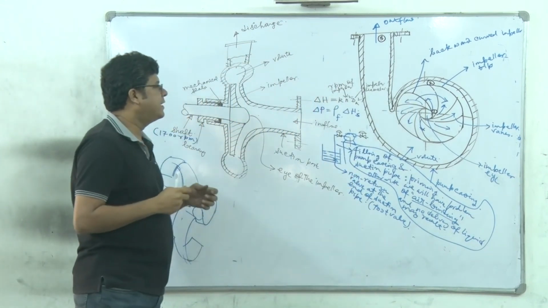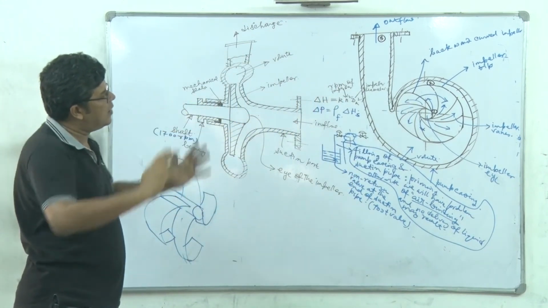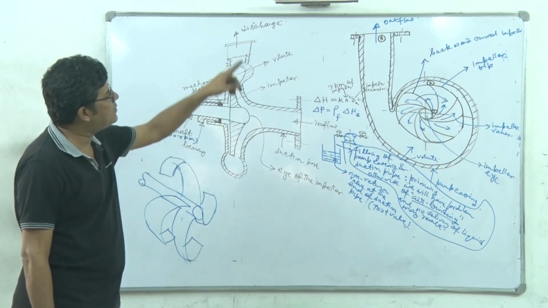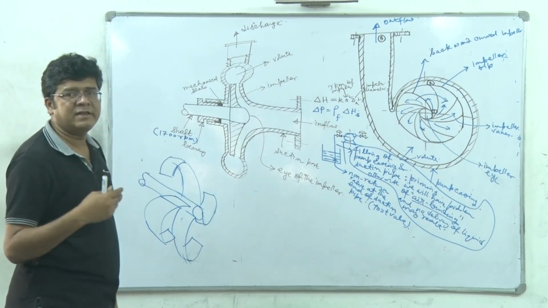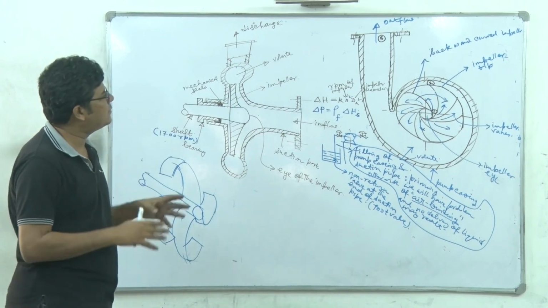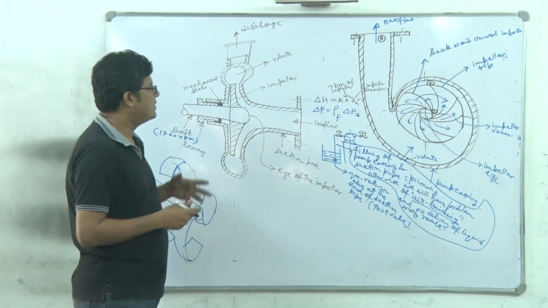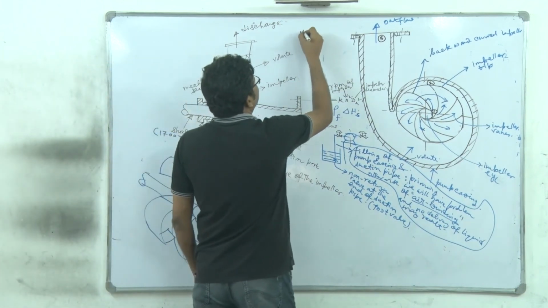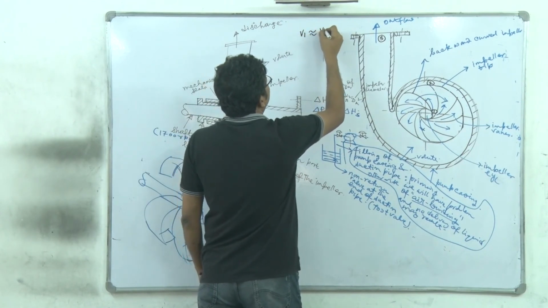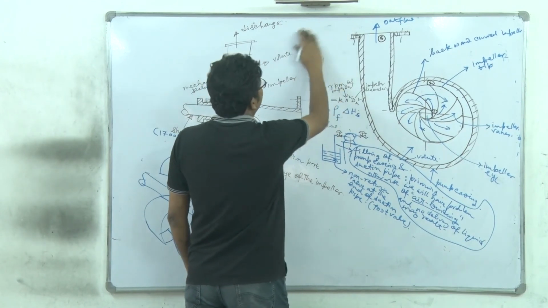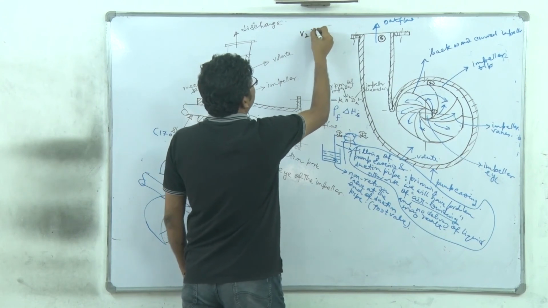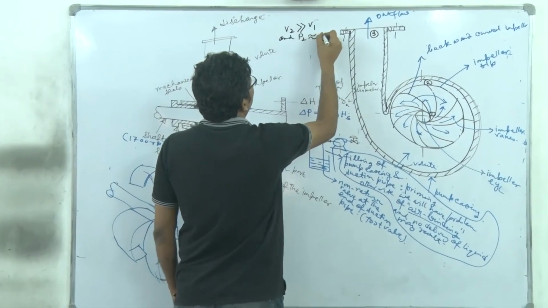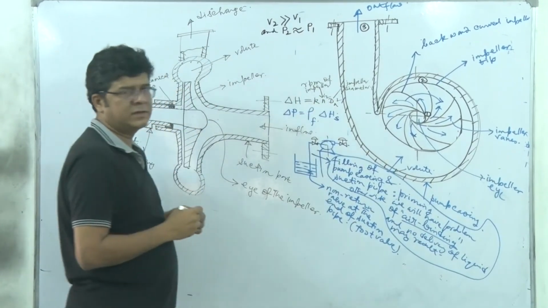Now what happens as the liquid is diverging out because of the centrifugal force from the region of the impeller eye to the impeller tip, majorly its velocity will increase. The pressure will remain close to each other. The pressure increase is not that appreciable, right? So what you can say is that V2 is much greater than V1 and P2 is close to P1, right?